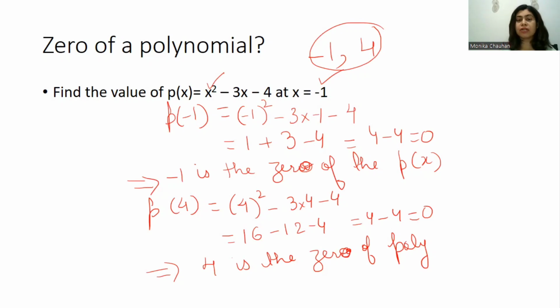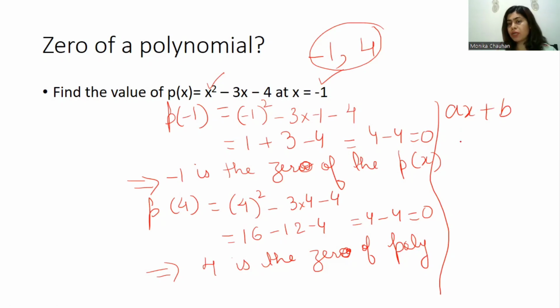In grade 9, I remember you all have calculated the zero of the linear polynomial, remember? Let me give you one example of it. I hope you all remember that a linear polynomial looks like ax plus b, where the power of x is 1, as we discussed just now.